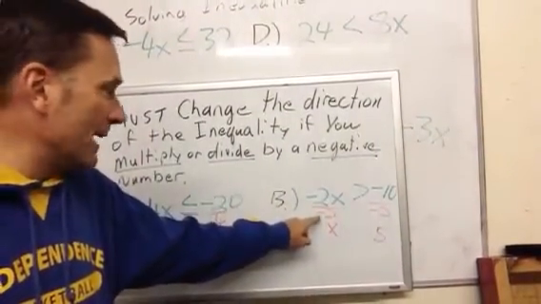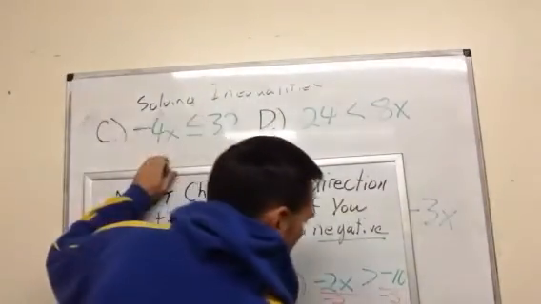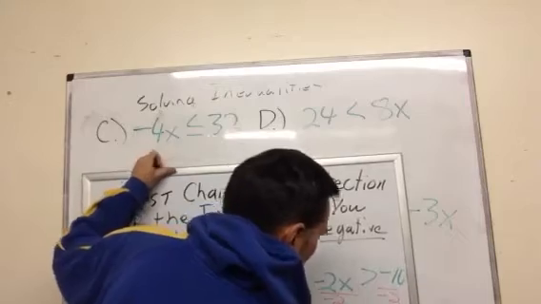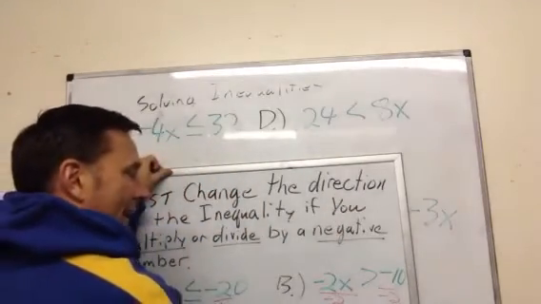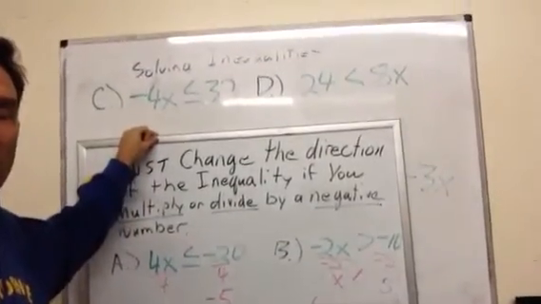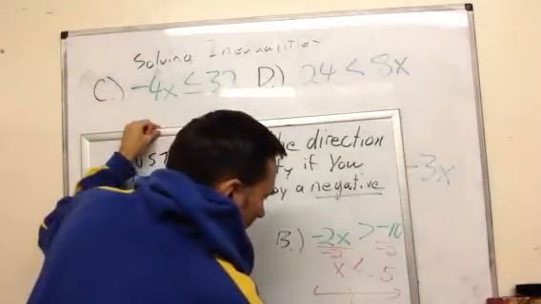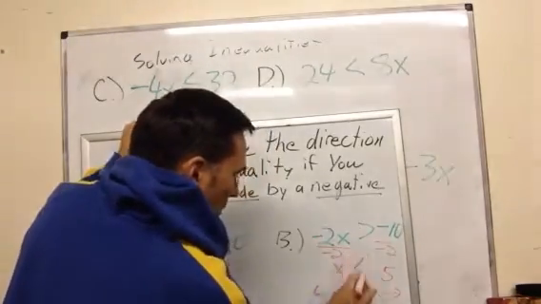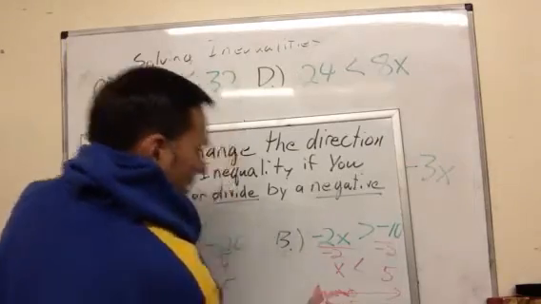Yes, we did. We divided by negative 2. Therefore, we need to switch the direction of the inequality, and it is now x less than 5. When we graph it, it will be an open circle at 5, and again we will shade to the left.